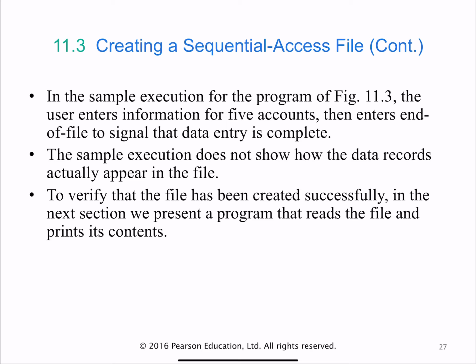Now, since we're not reading the records back from the file, in order to make sure that the program actually ran, what we will do is, after we run the entire program, we'll open the file that we wrote. We'll open it in a text editor and we'll check if the contents of the file match what we put in at the command line.